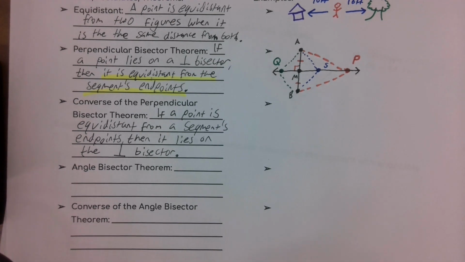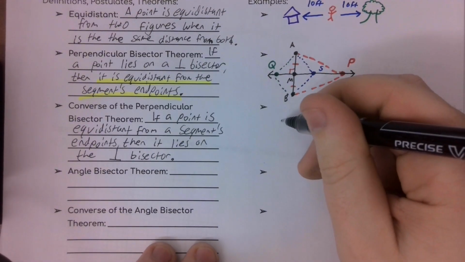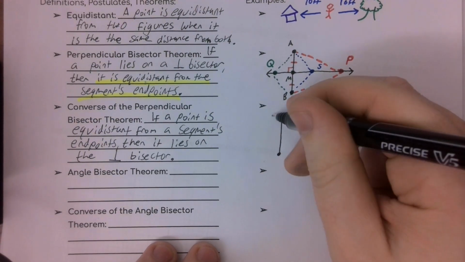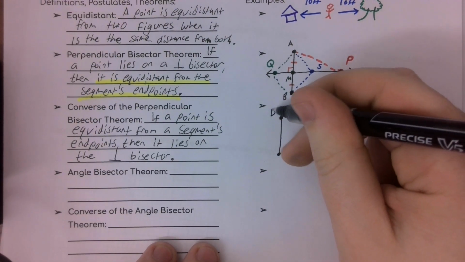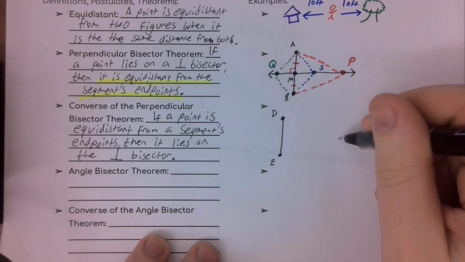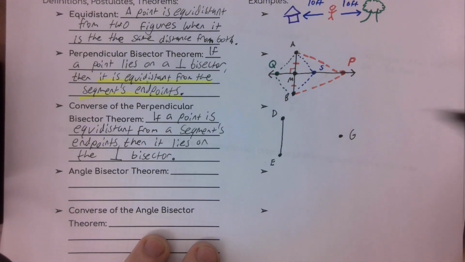Very nice. So what we can basically say is, if we already know that a point is the same distance from a segment's endpoints, we can sort of do the opposite. Let's say we have line segment DE here, and all the way over here, we have point G, because why not?